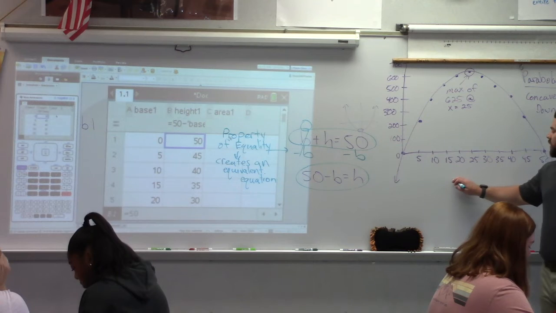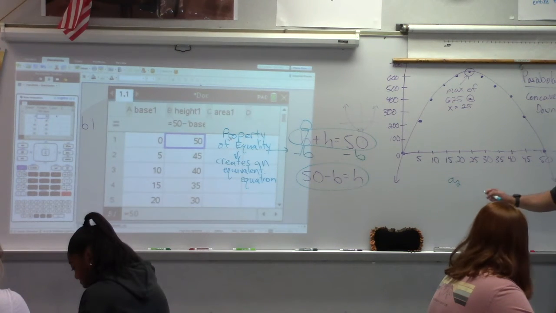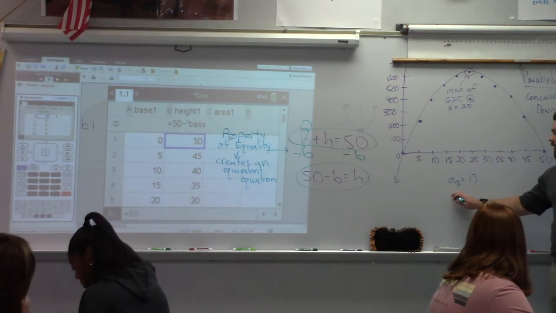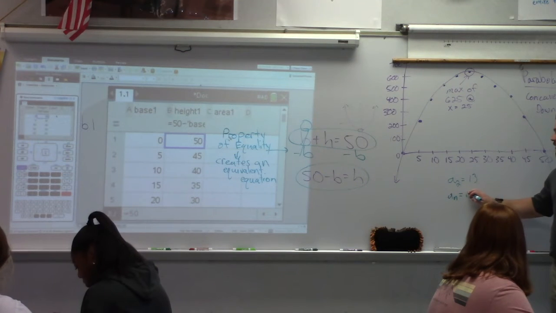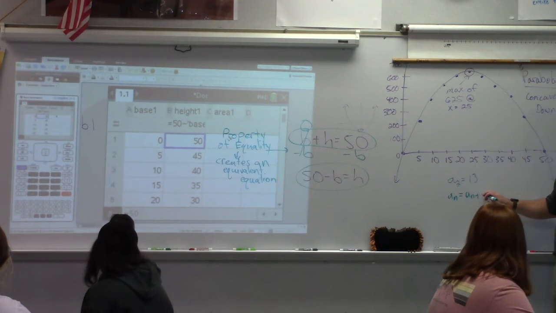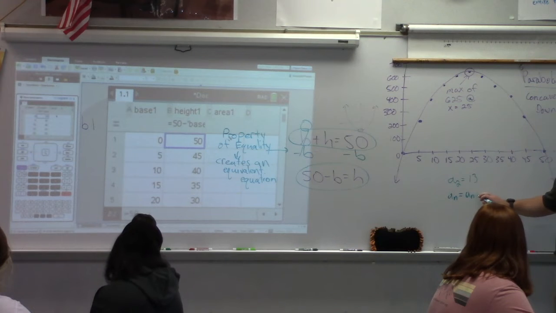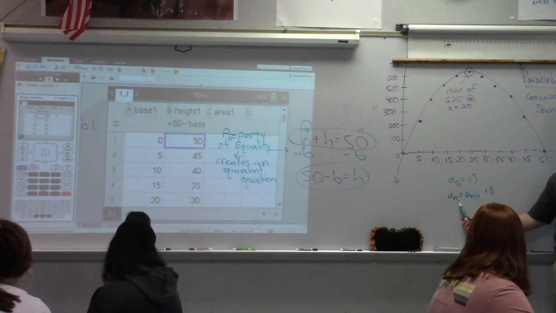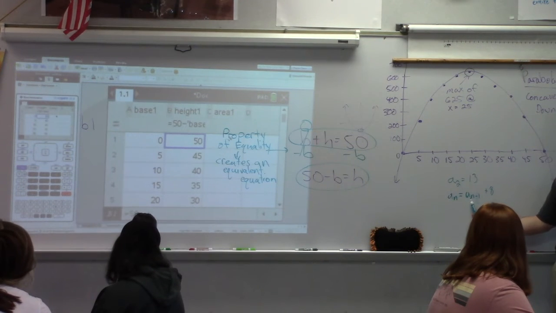For example, this is just making up a situation, but let's say that I know that the second term in a sequence is 13. And then this is the recursive definition. What this is saying is that the nth value is equal to the n minus 1 value, so whatever was right before it, plus 8.